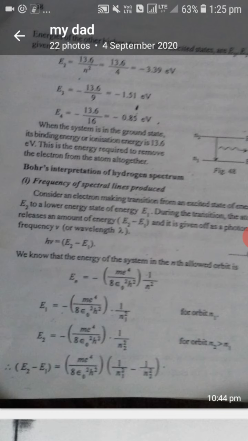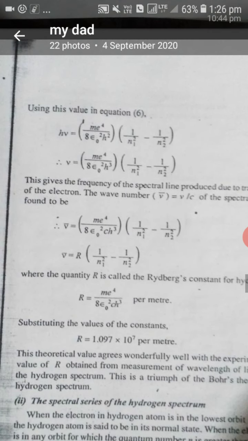Here, if you find E2 minus E1, the common term is m e power 4 divided by 8 epsilon naught square h square. Then 1 by n1 square will be positive and 1 by n2 square will be negative, that is 1 by n1 square minus 1 by n2 square. Then E2 minus E1 is equal to h nu, so h nu is equal to m e power 4 by 8 epsilon naught square h square into 1 by n1 square minus 1 by n2 square.